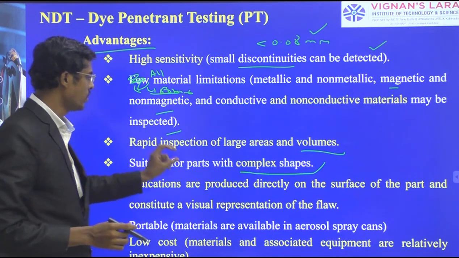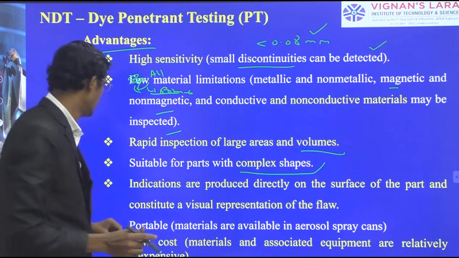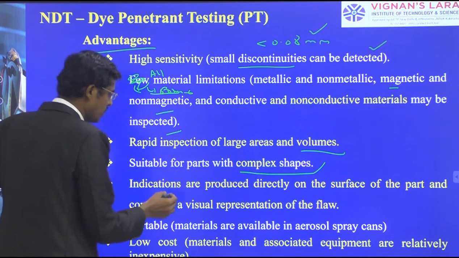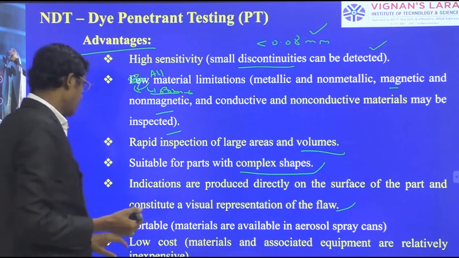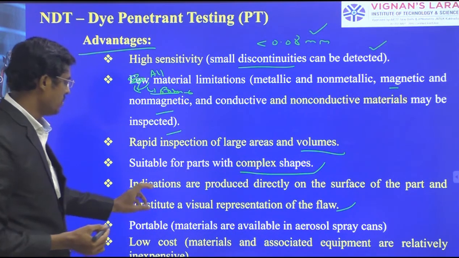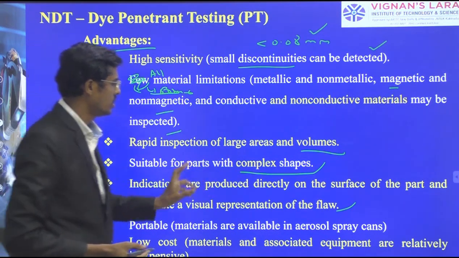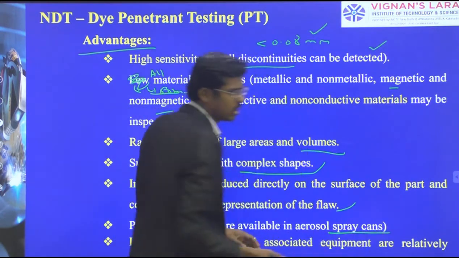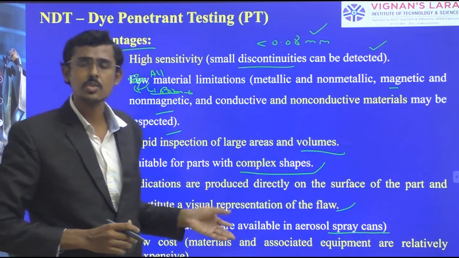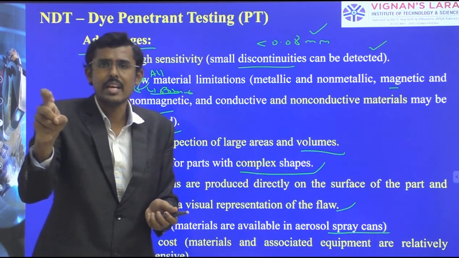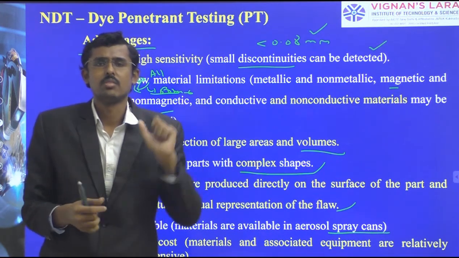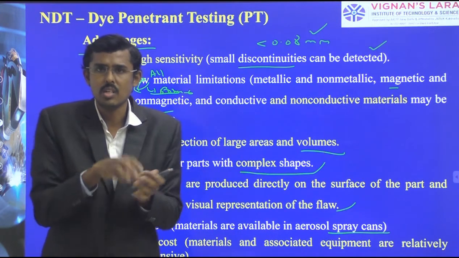Indications are produced directly on the surface of a part and constitute a visual representation of the flaws. It is portable, and the materials are available in aerosol spray cans. For this inspection we need only two things: one is the penetrant spray can, and one is the developer can, with some cloths for cleaning.